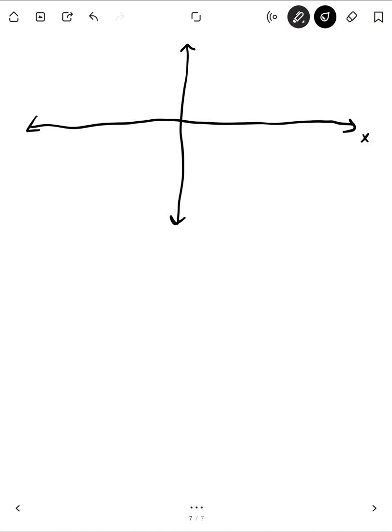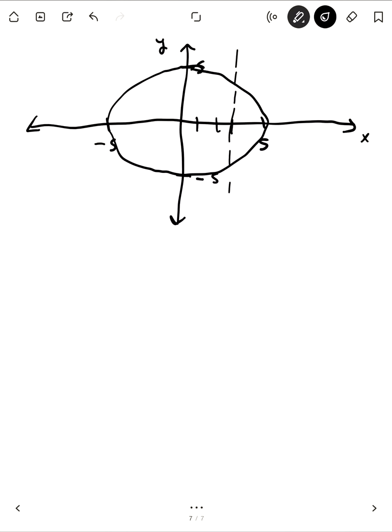And if you want to see how this relates to the vertical line test, remember I said that the idea that a function is multi-valued relates back to failing the vertical line test. We can just draw a circle, and you can see that if you draw a vertical line at x equals 3, you intersect at 2 points, and so this is not a function.